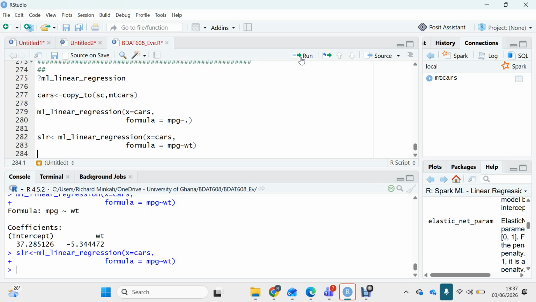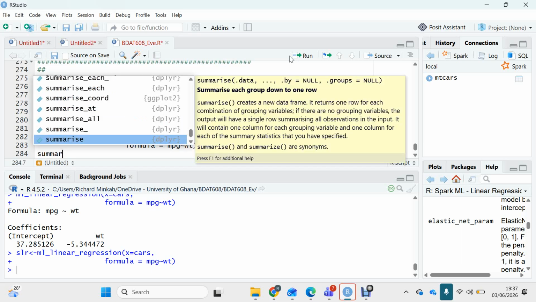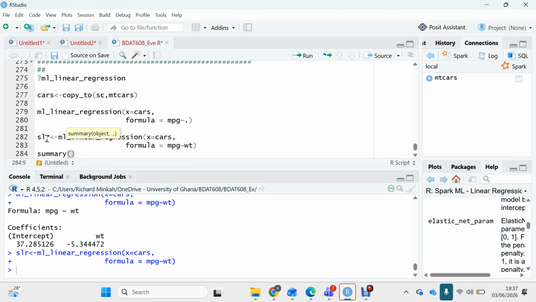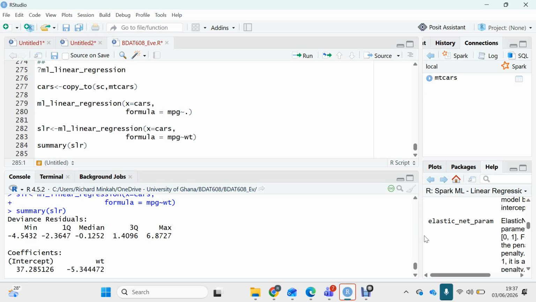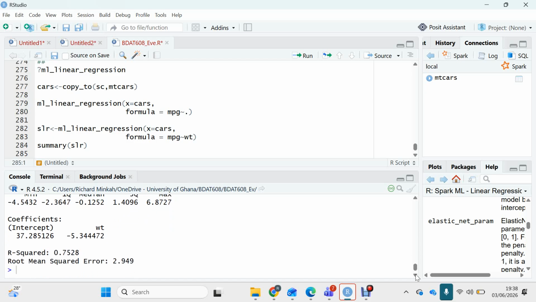So here we are looking at it in such a way that if it is good, all the points should cluster around the line, and the line must be the 45 degree line. If you look at it, Chrysler Imperial, Toyota Corolla, and Fiat are pulling this curve towards themselves.